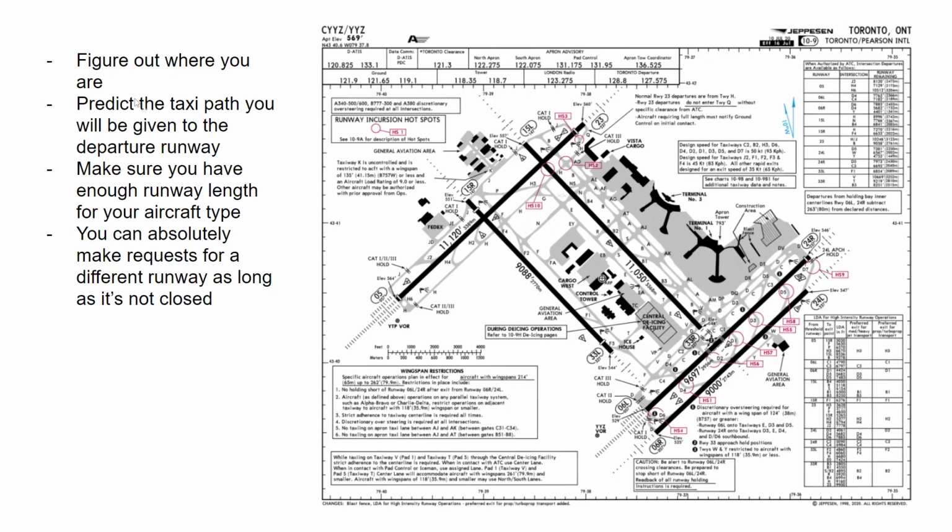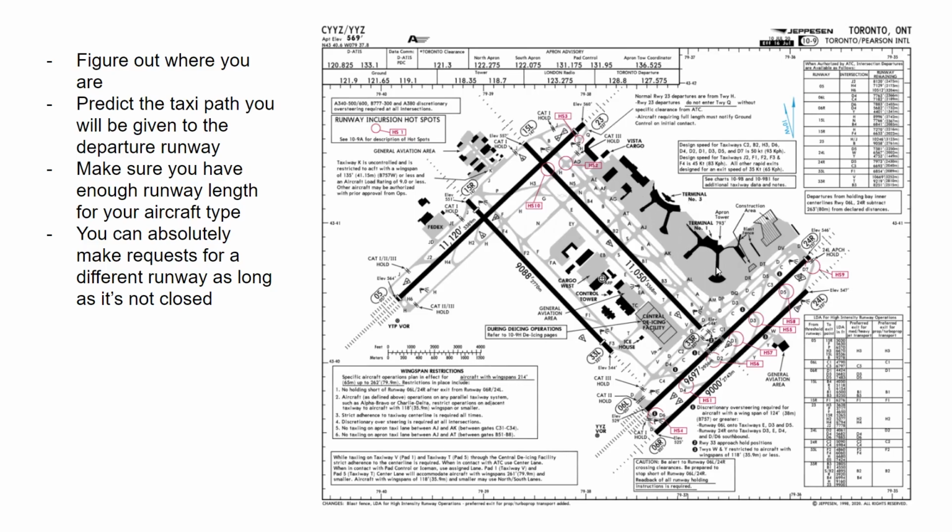So the first thing you want to do is figure out where you are. Usually when you load in, you'll kind of have an idea because it shows you the map in most sims. I usually like to park over here, and then depending on the runway that they assign you, you're going to want to kind of predict your taxi path, right?